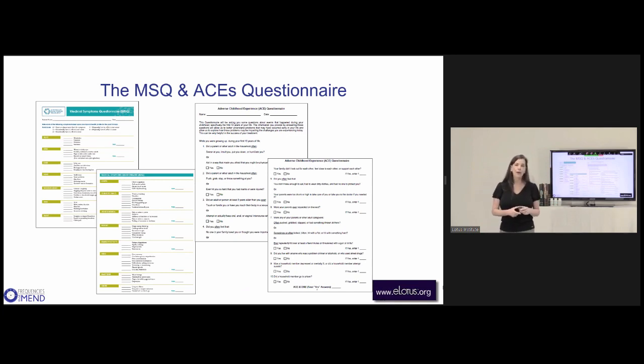The other one is the actual ACE questionnaire. The original one is 10 questions, and we already talked about the categories. You don't necessarily need to know how people answered the questionnaire. You just need the number. And you can download this off the internet also. The military actually has one that goes up to 15 questions, because people in the military can be exposed to things that we wouldn't normally see in our environment.